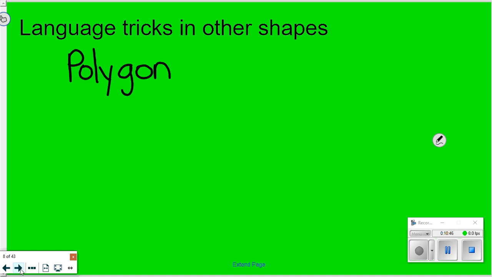We're going to break it apart, look at what each part means, and then I'll explain what a polygon is. So the chunk gon in polygon means side. It can also mean angle, but that's what that means.